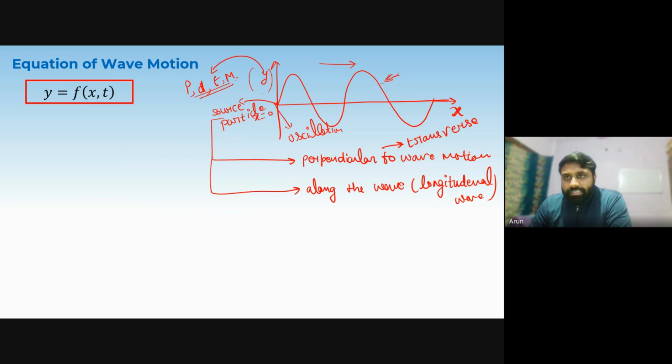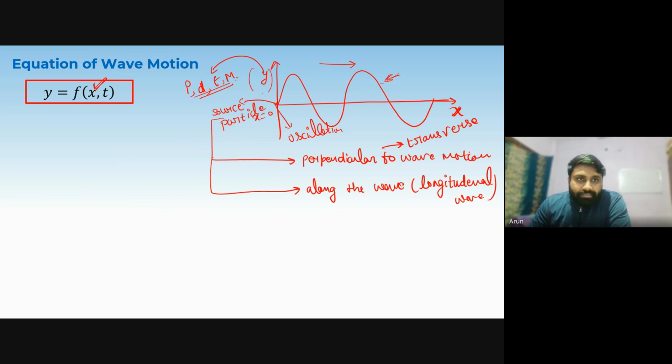Let's say each particle is oscillating. So what will you say? The first question that arises in your mind is: where is the point? For what point do we have to write the displacement? Where is the particle? For which particle do we have to write the displacement? So x is important.